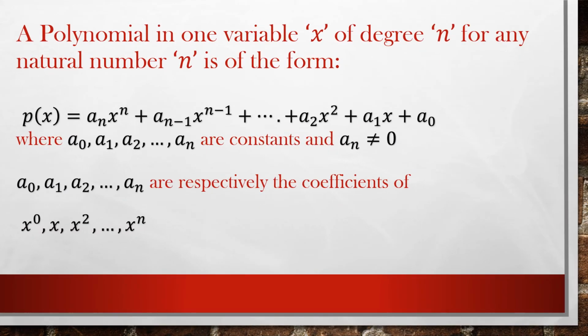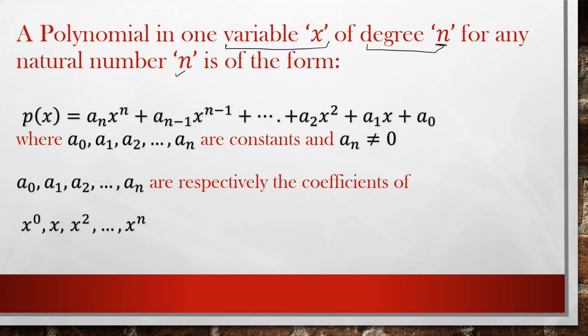A polynomial in one variable x of degree n. Now we are talking about the variable x and of degree n. For any natural number n, where degree n means the n is always a natural number, the standard form of this polynomial is this: p of x is equal to a n x power n plus a n minus 1 x power n minus 1 plus dot dot dot means so on till plus a2 x square plus a1x plus a0.